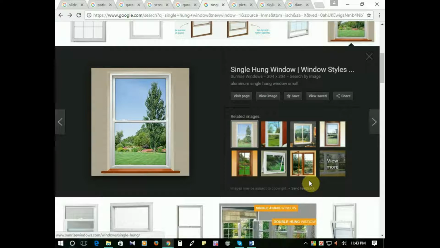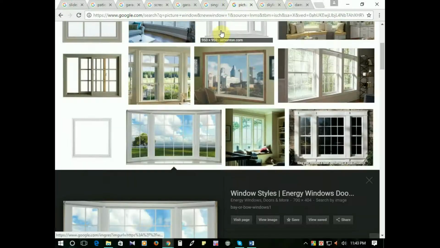Another type of window that you may usually see are picture windows, which are very wide rectangular windows that do not open and are for the purpose of viewing the outside scenery. You can very easily see the difference between them and the single hung windows.